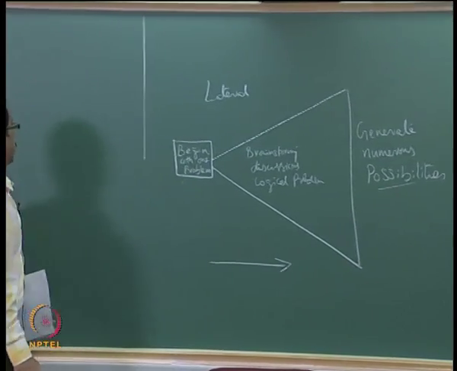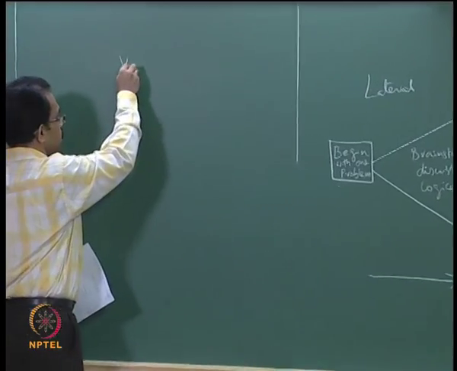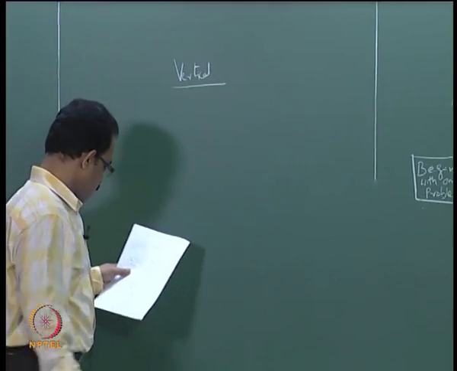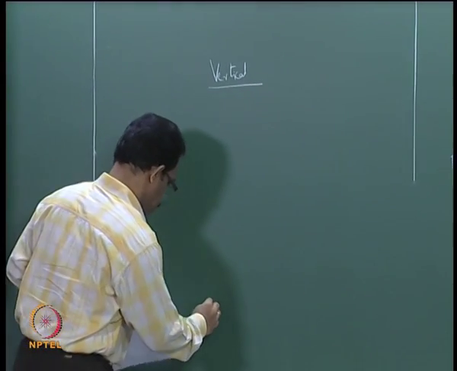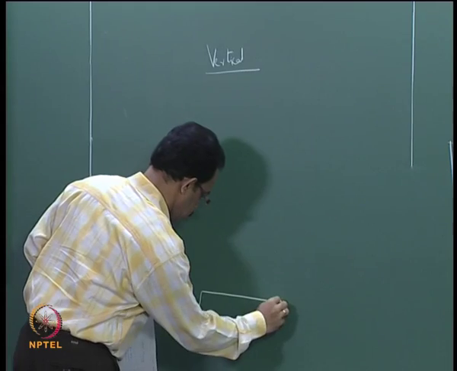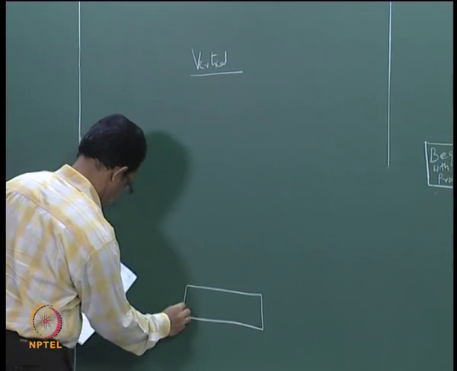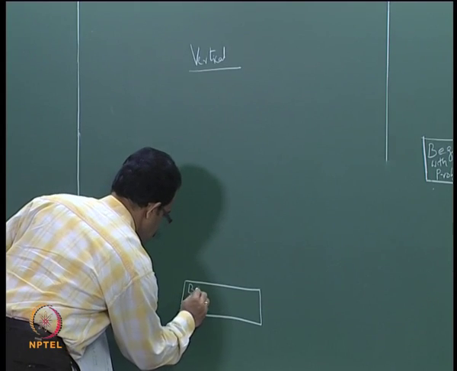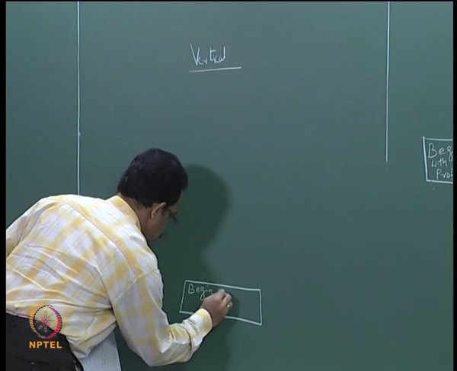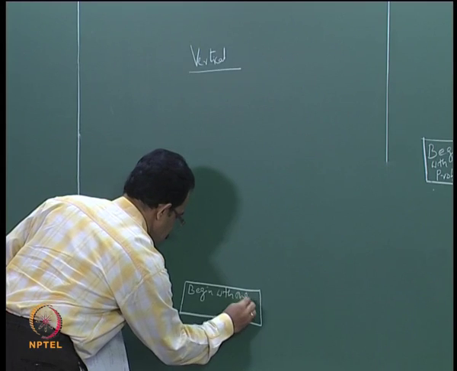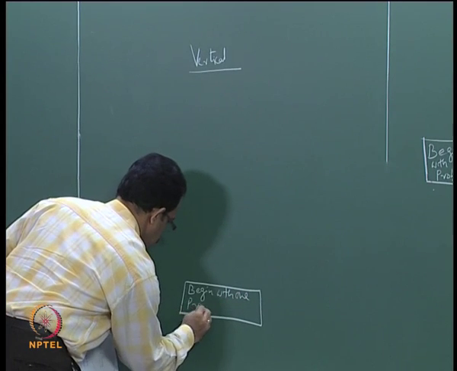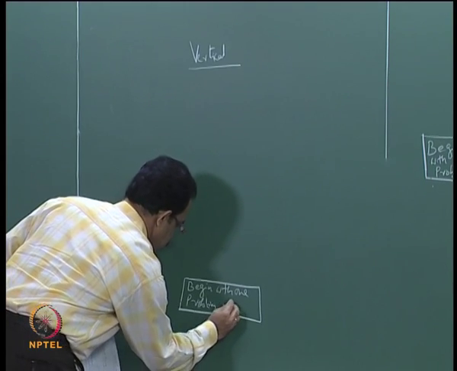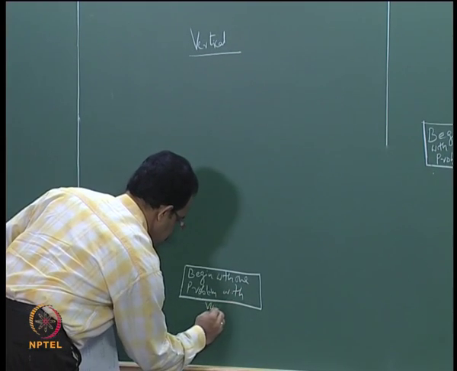The other one is known as vertical thinking. In vertical thinking, we begin with one problem with numerous data, with a lot of information.